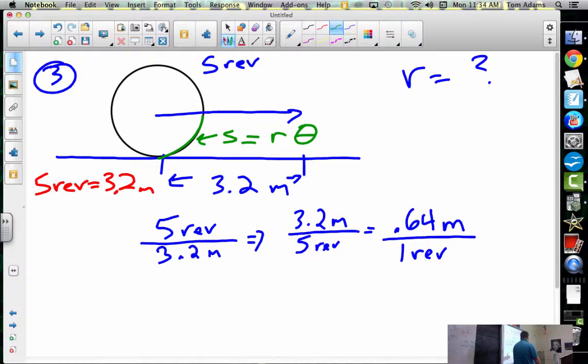Well, let's think of what 1 revolution is in radians. What is 1 revolution in radians? 2 pi. So in 1 revolution, which is actually 2 pi radians, isn't that equal to 1 revolution?